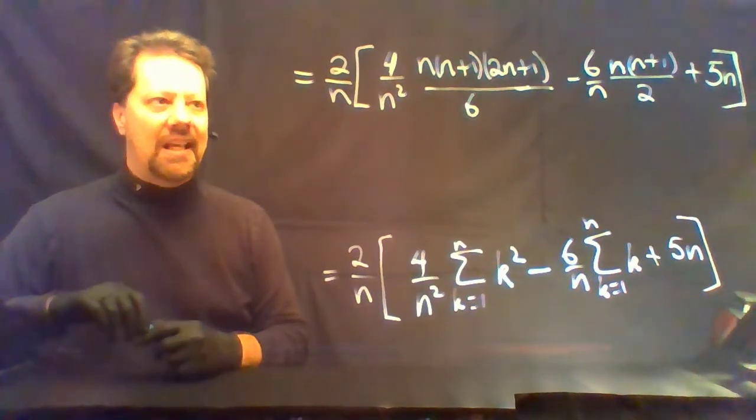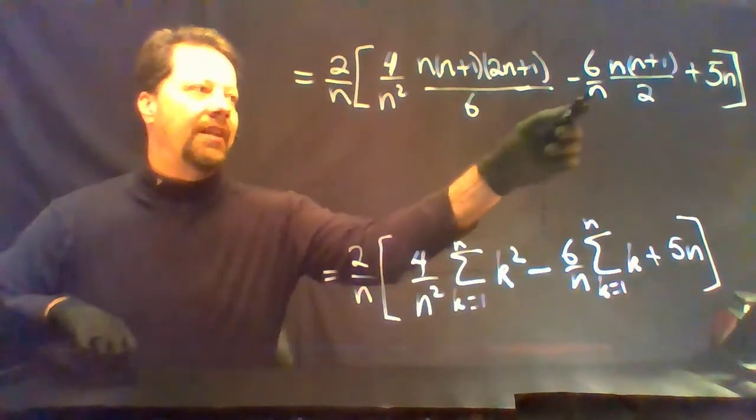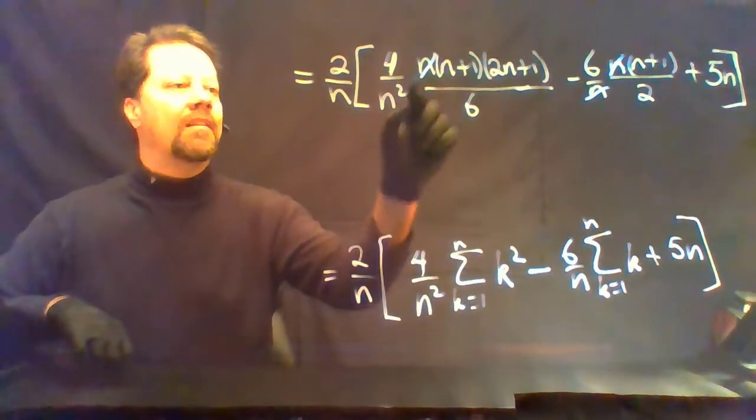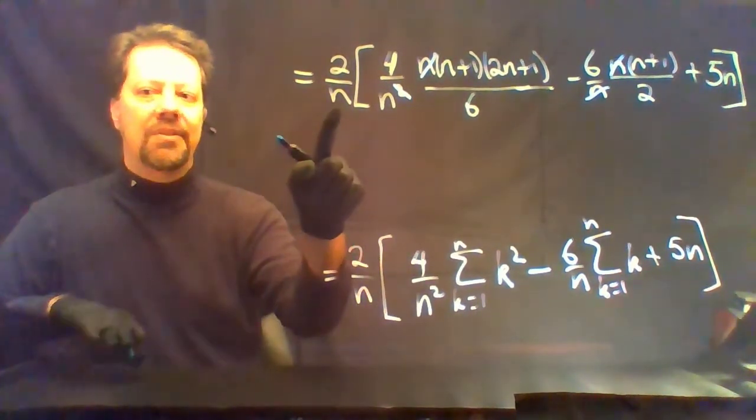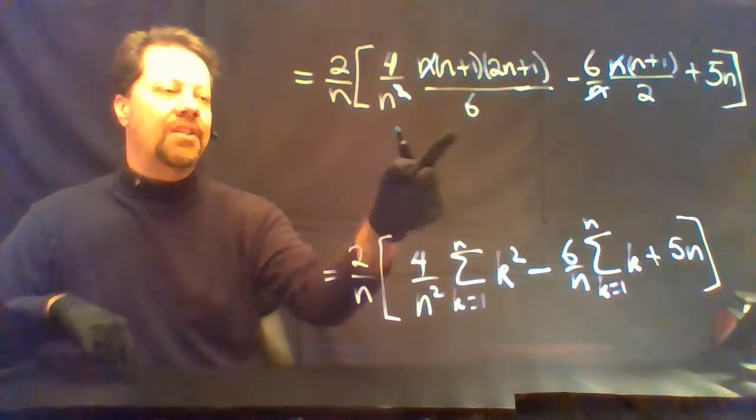As you can see, we are going to get some simplification here, and we do still need to distribute this 2 over n onto each term that remains.